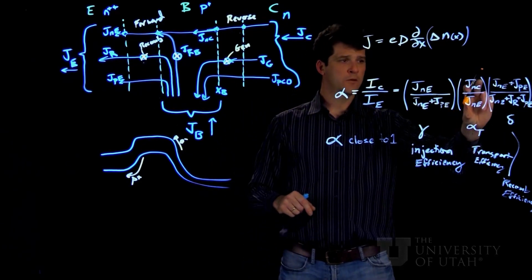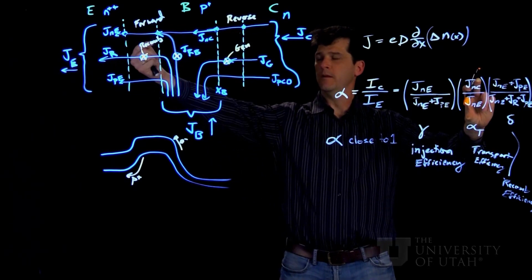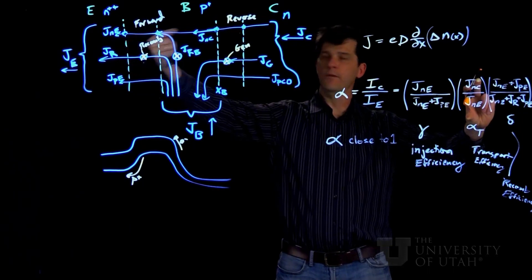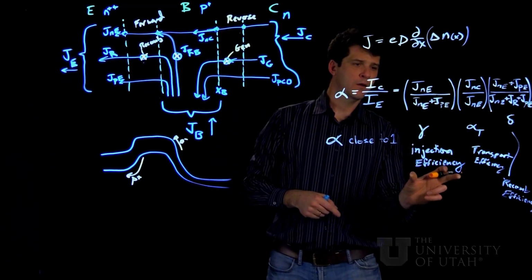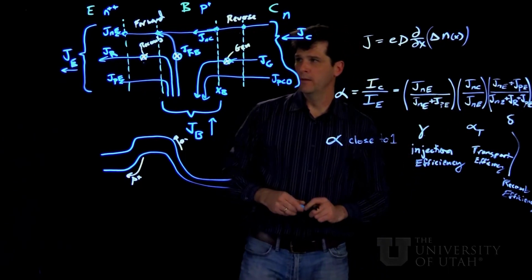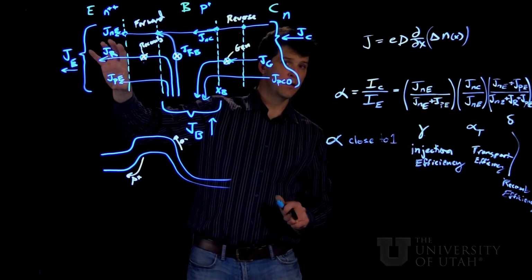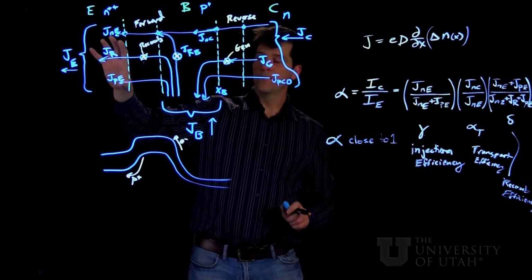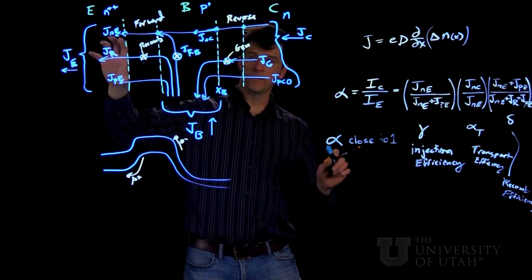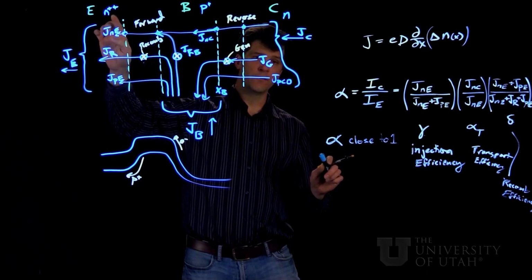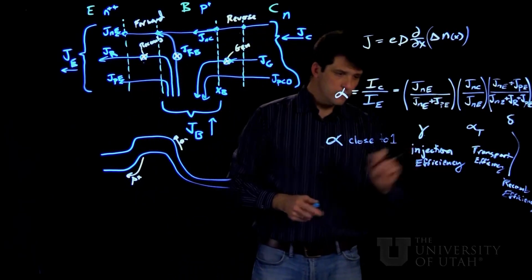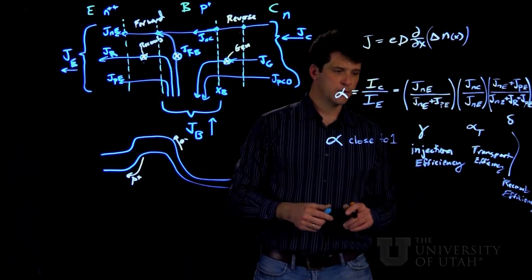We want to make sure that the electrons, in the case of an NPN, that are injected make it all the way through the device. And we want to make this ratio as large as we can, especially in the case of a single material like silicon, our best chance to do that is to maximize the doping contrast between the N and P regions to make this injection efficiency high.